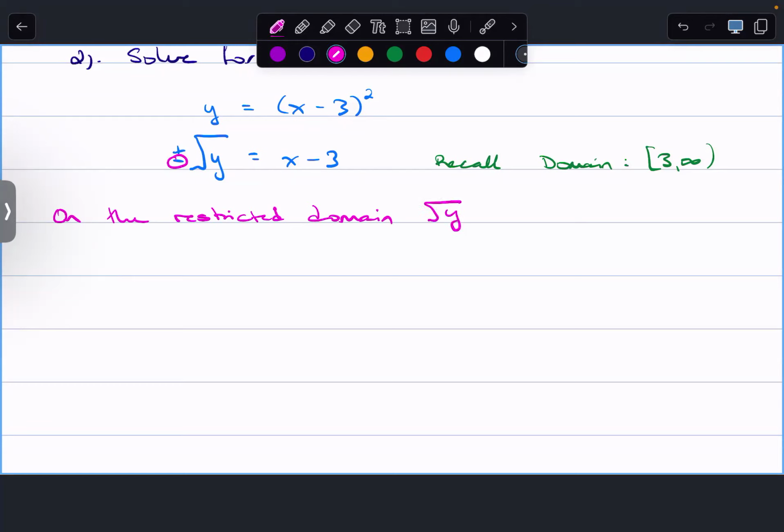The root of y can only ever be positive. So we remove the negative option from our answer.